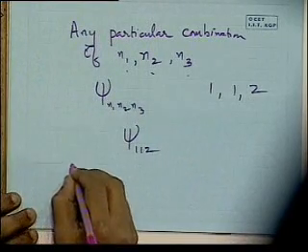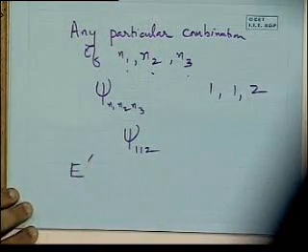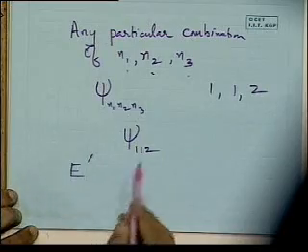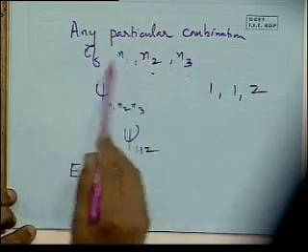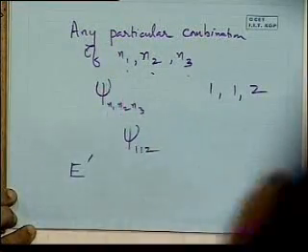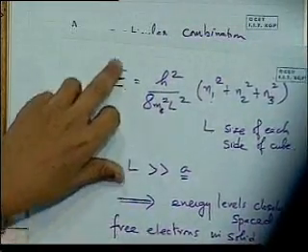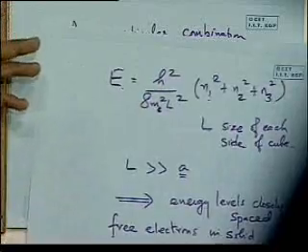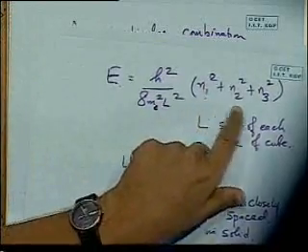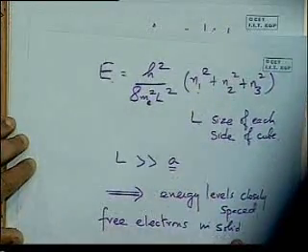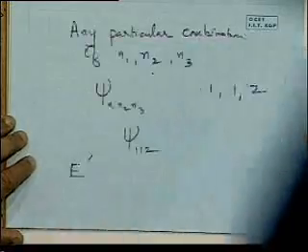And what we are trying to do is, for some energy E dash, determine how many such combinations there are. We know for each combination what the value of the energy will be. So we have some arbitrarily chosen energy, E dash, below which we are trying to determine how many combinations of n1, n2, and n3 we can have.